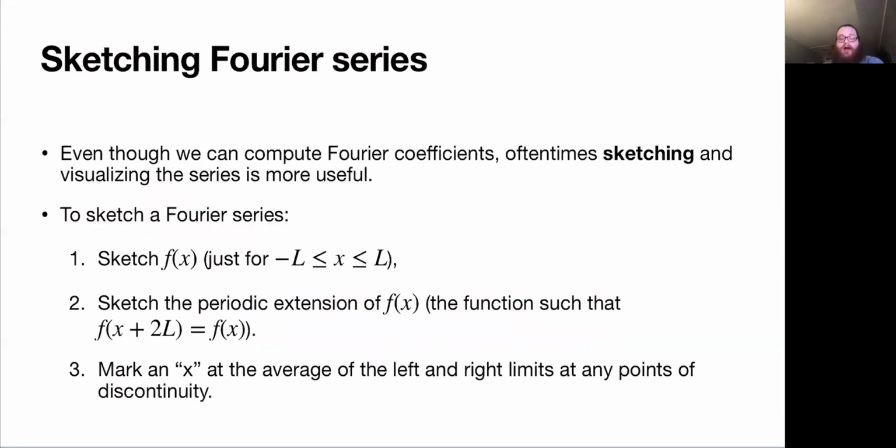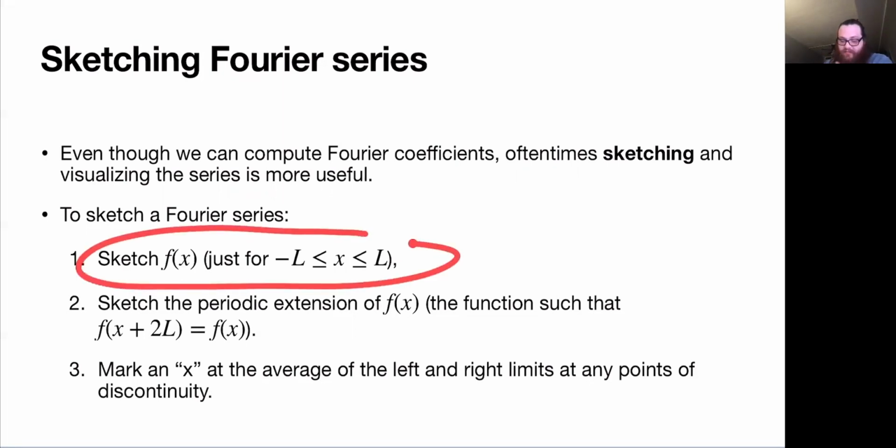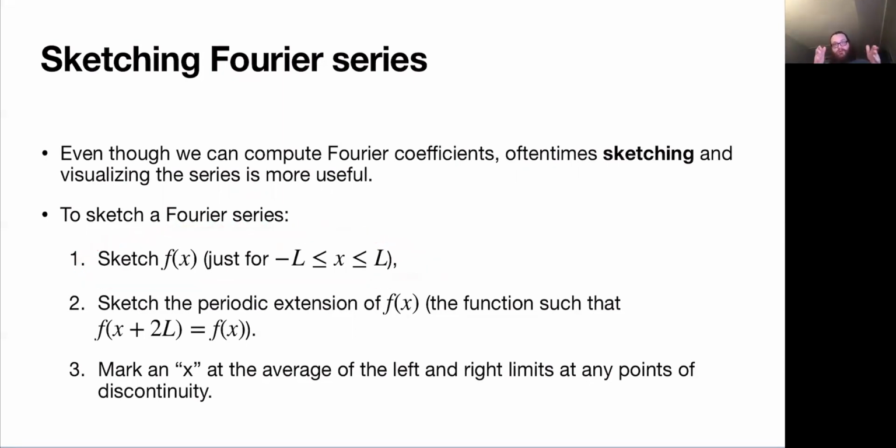Okay, so how do we sketch these Fourier series? How do we qualitatively get a sense of what these series look like? So how do we sketch them? Well, as we saw, sketch the function on that initial interval. Next, sketch the periodic extension of the function.